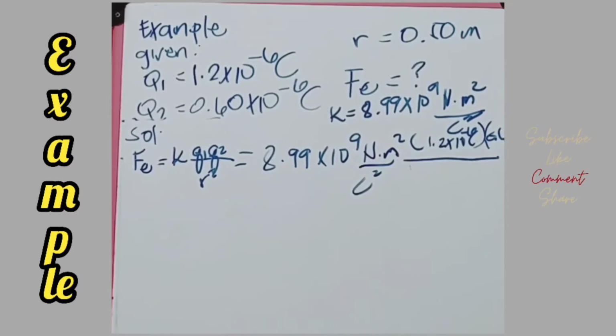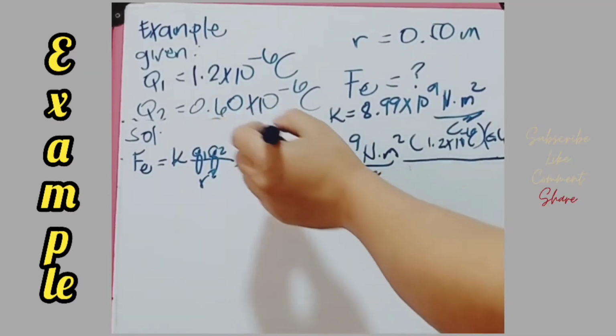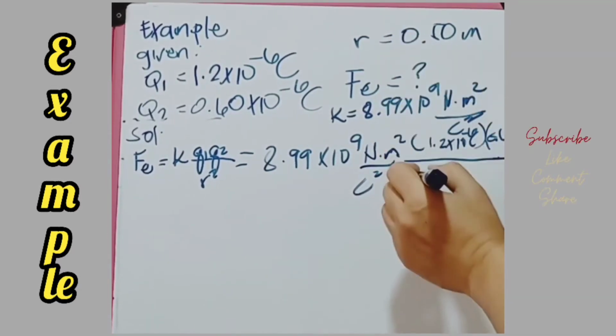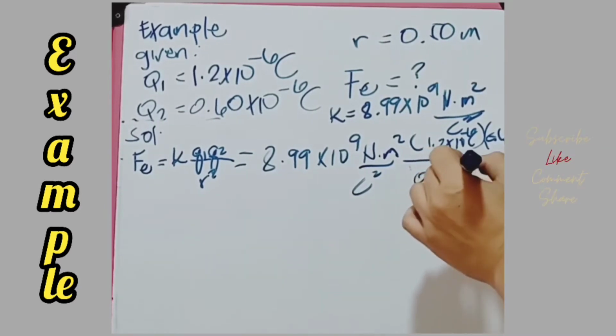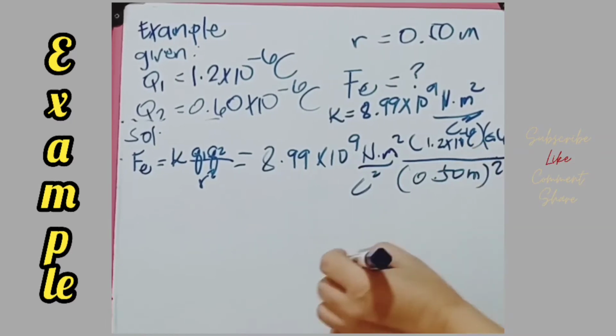Tingnan natin masulat. All over, so ito yung Q sub 2 natin, all over R squared, which is 0.50 meter raised to the power of 2.